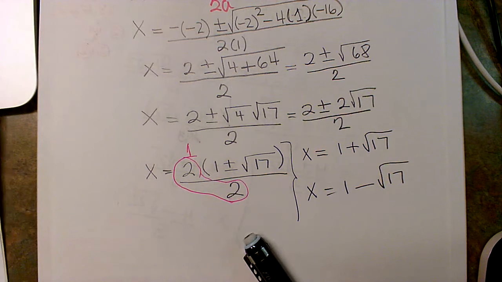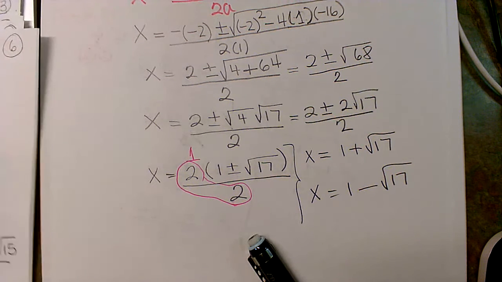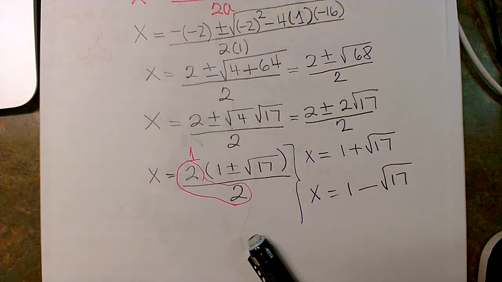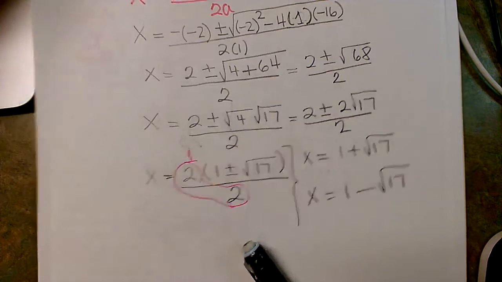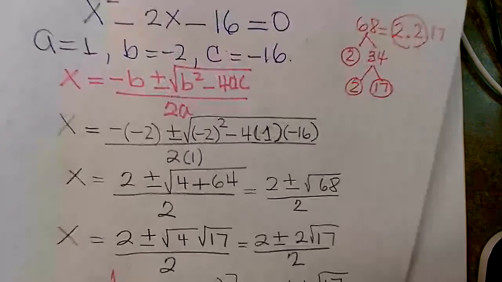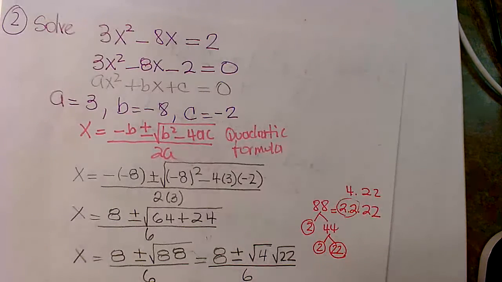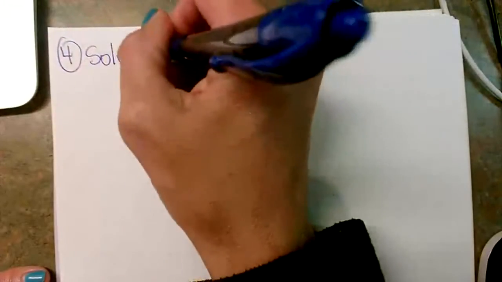Now, I think I get this one. Oh, it's a little bit different. Yes. Let me do this one. This one has the I. So this is number 4. Look at this one.